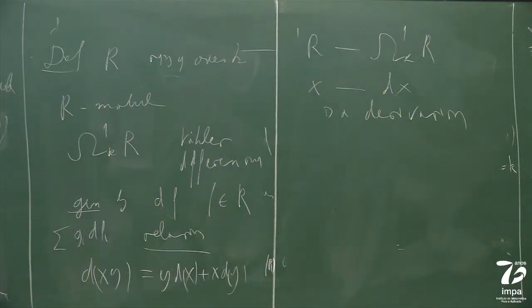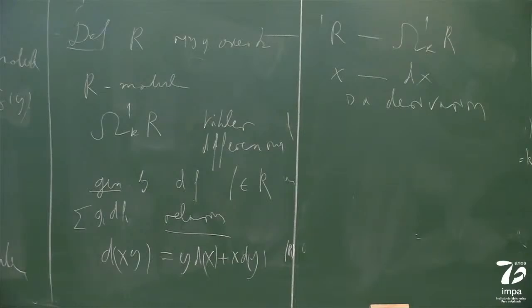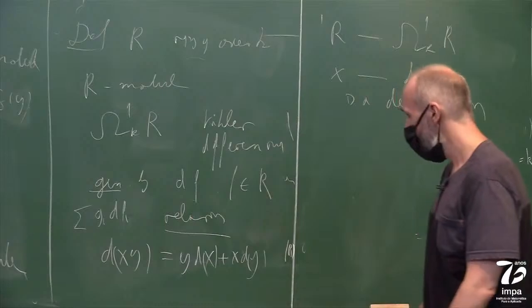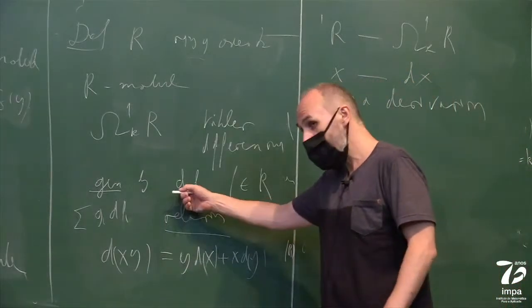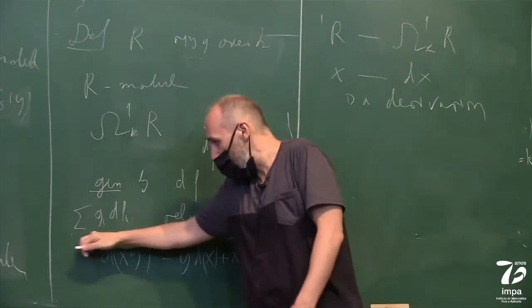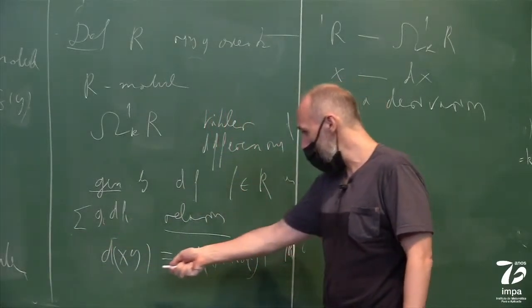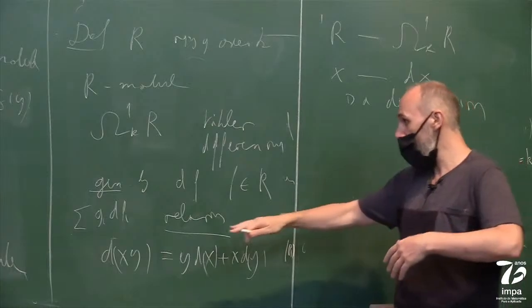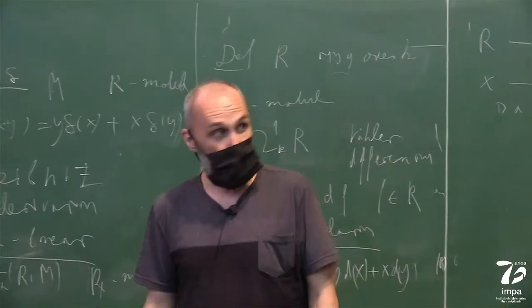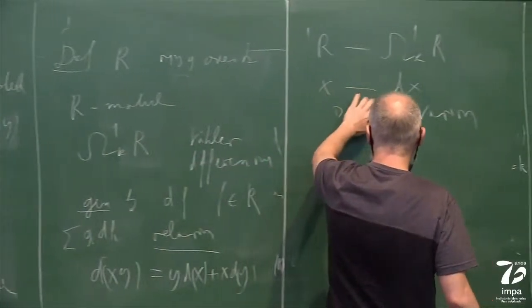Was that clear? So it's a formal definition because you define it by generators. Generators are df, this is the general form of such an element in scalar differentials, and these are the relations. You take a quotient of this free module by these relations, because you want this map to be a derivation.